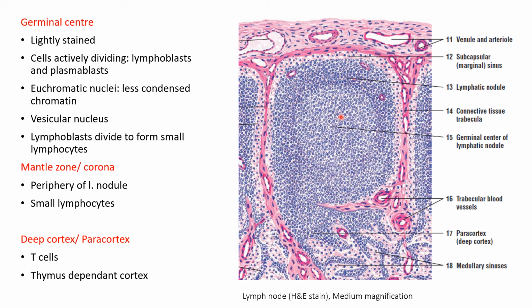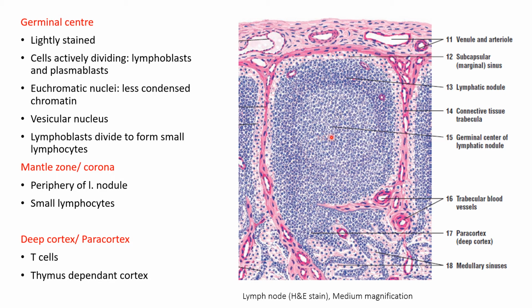This is because this region comprises actively proliferating cells. In fact, this germinal center develops when there has been an exposure of the B cells to an antigen.